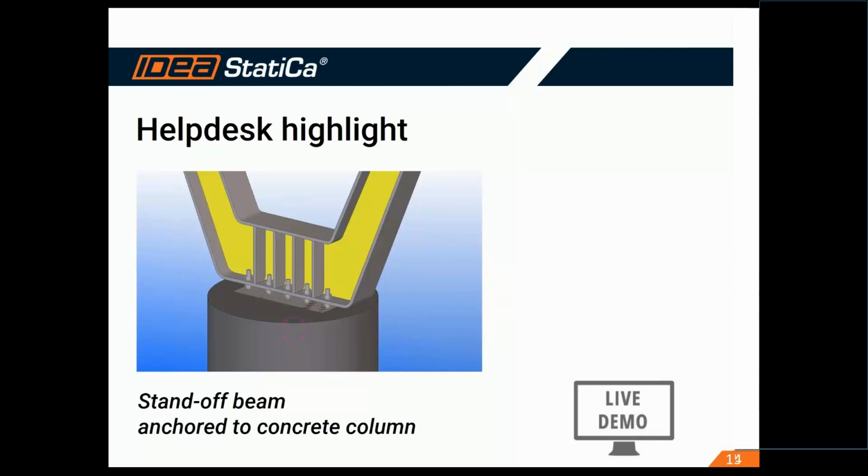As you can see, although it seems like not a really complex connection, it's quite tricky because it's not the standard base plate with a column, but it has a horizontal beam, which is bolted on a base plate on top of a concrete column. So it seems quite easy, but it's quite complex at the same time.